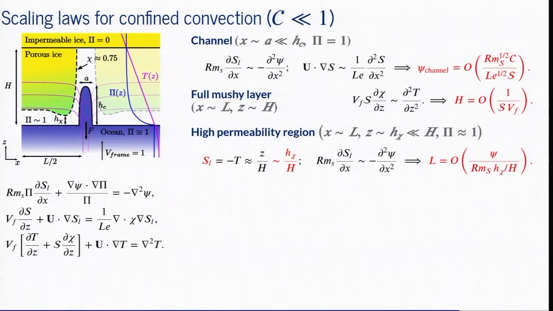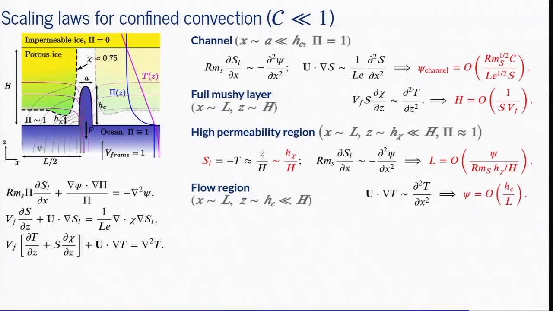The salinity is basically going to also obey this diffusive solution, so it's going to vary roughly linearly with height, giving us a scale for the salinity at this region at the bottom, and we can again write down a momentum balance. The flow that this generates is going to penetrate a bit further into the ice. It's going to be characterized by the height of these channels, so we can write out sort of a residual temperature balance, where you've got diffusion on the right here balancing advection.